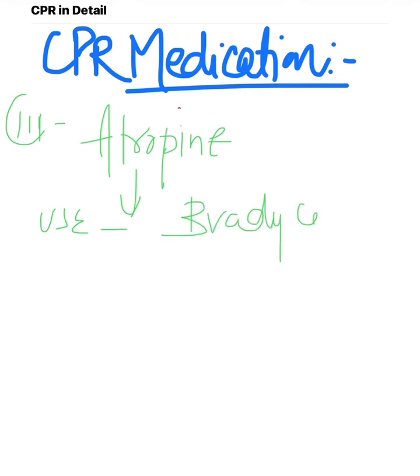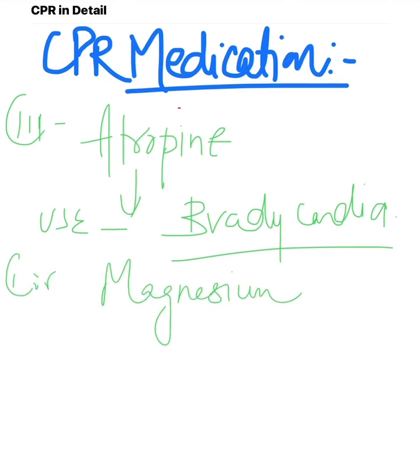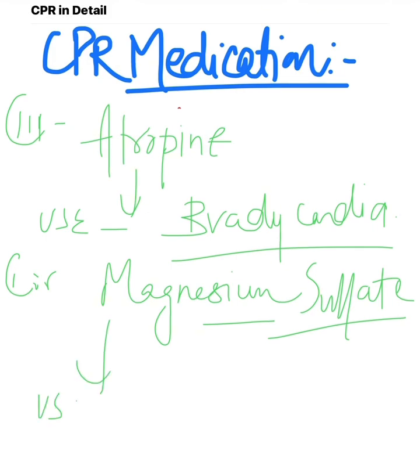And the fourth medicine is magnesium sulfate, used for torsades de pointes.